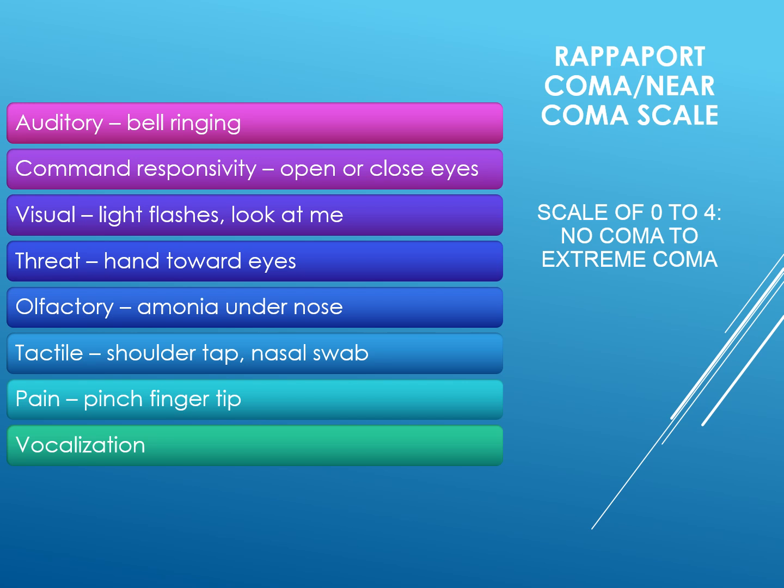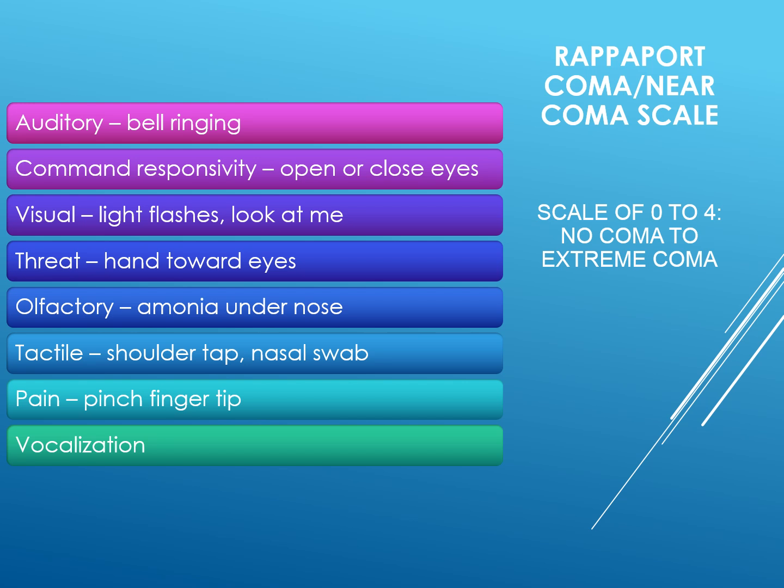To check smell response, we had a little bottle of ammonia and we put it under their nose and measured the patient's response. So go find some ammonia around your house and smell it. It's quite yucky. For tactile, we would tap them on the shoulder or put a cotton swab up in their nose to see what their response is.